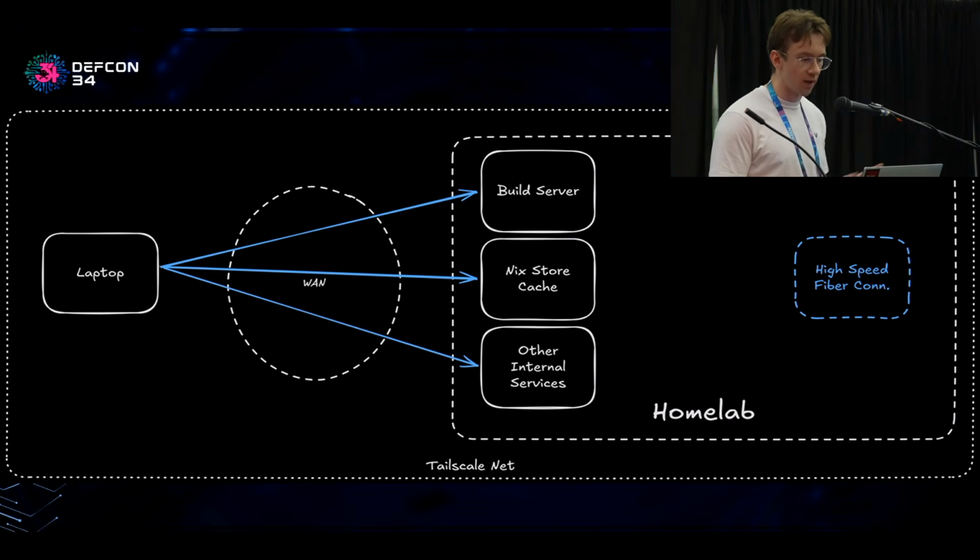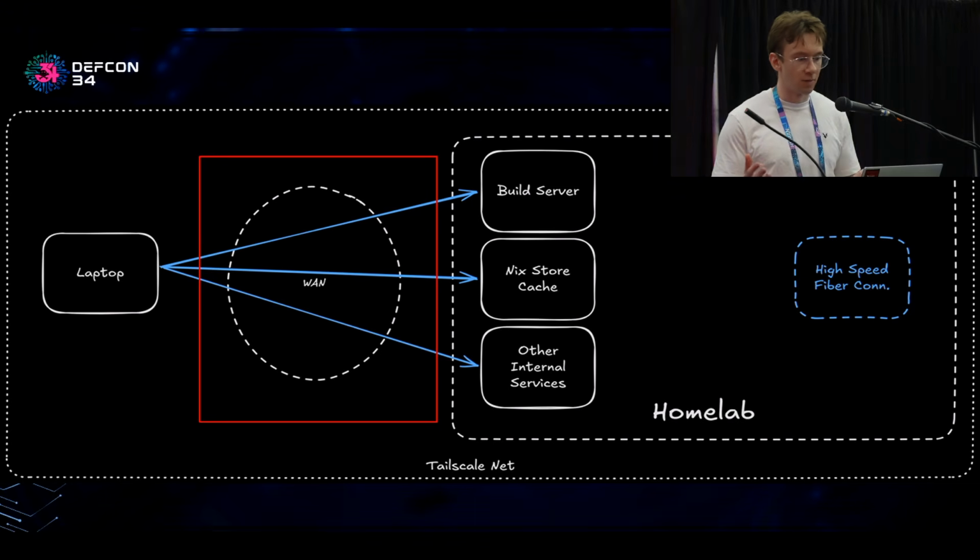I've got a group of other internal services that I use, and my home lab has a really great processor and hardware, and a great high-speed fiber connection. The problem is I'm accessing it all over my crappy desert internet. And so this is the real problem.